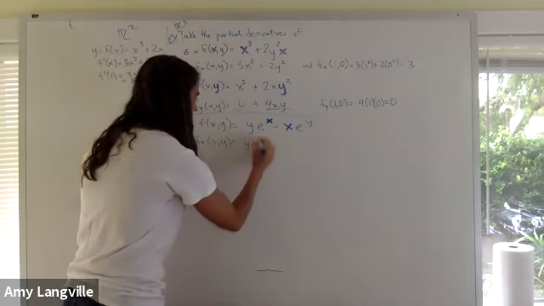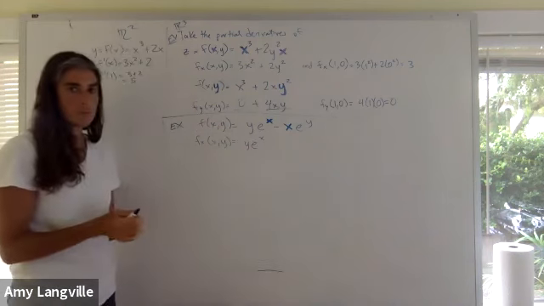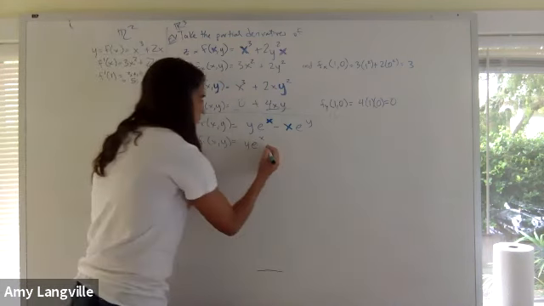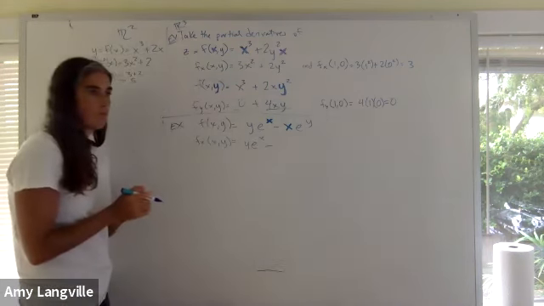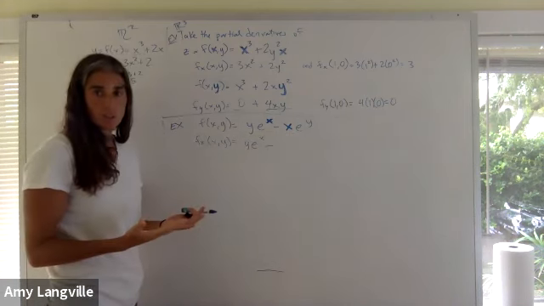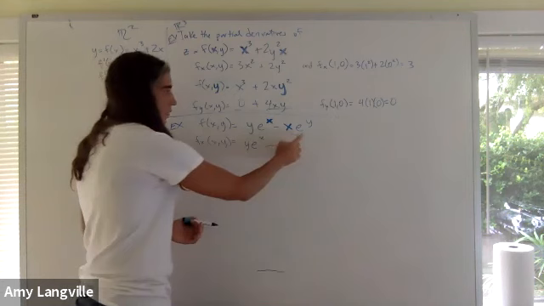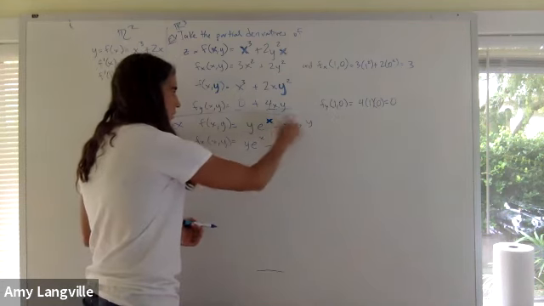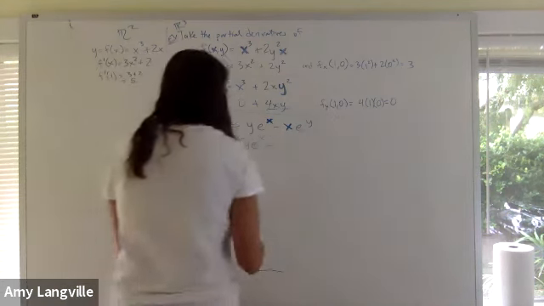So y e to the x. Minus, by the sum and difference rule for differentiation, minus this second term. What is the derivative of the second term with respect to x? Looks pretty complicated, but again, this is just a constant, so you can imagine it being out in front. If we like, we can go ahead and write it that way.